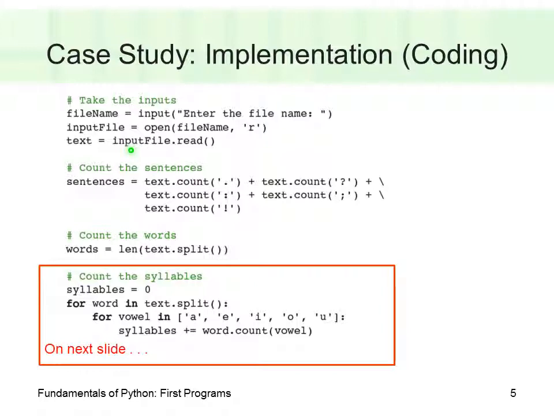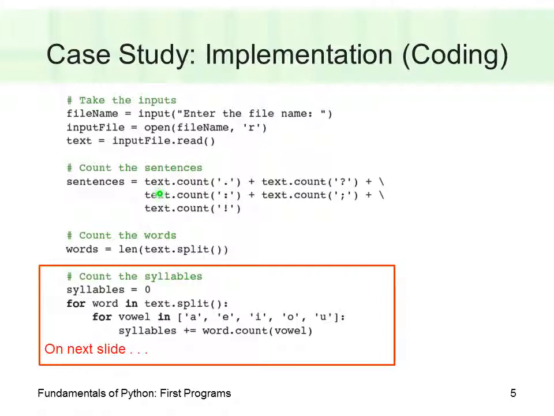Next, we get to the read, right? We're just going to go ahead and process the entire contents of the file at once. Input file read, and that will be our text. So we have a huge text string. Well, probably huge. Next, we're going to start with counting the sentences. Using string processing methods, we can do this fairly easily, also given the kind of definition that we gave sentences.